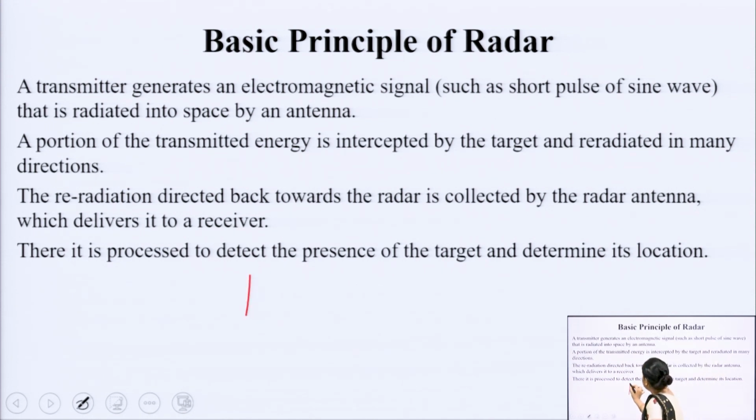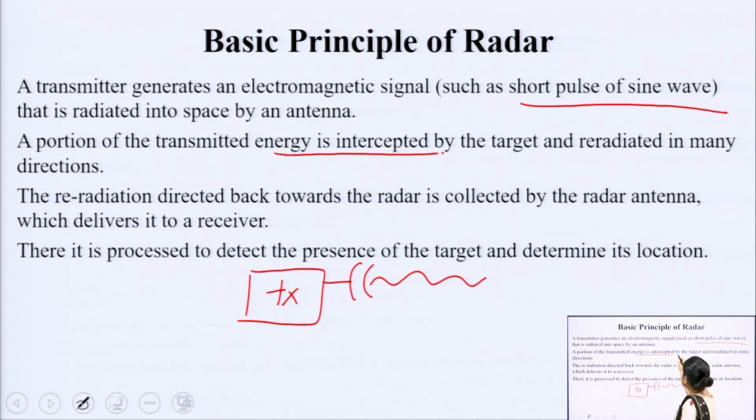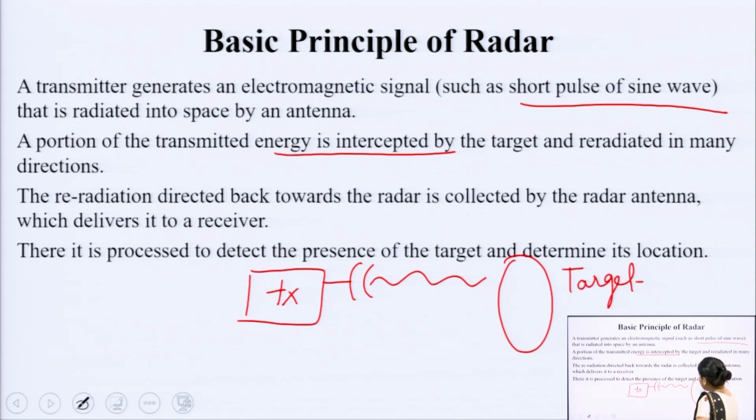So, radar consists of a transmitter section with an antenna which is used to generate the signal into space, and that signal is the short pulse of a sine wave. A portion of the transmitted energy is intercepted by the target. As we know, this is the target, and already we know that for 100% energy to be intercepted by the target, their impedance should be the same, but that is not the particular case.